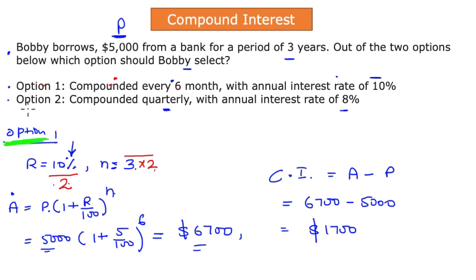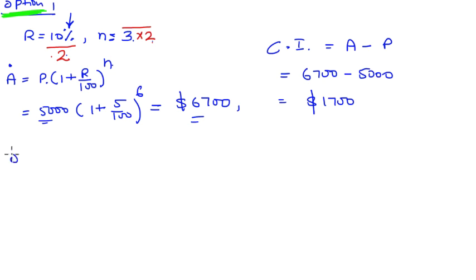Now let us calculate the same thing for option 2. In option 2, our rate of interest is 8% per year and the total loan duration is 3 years, because 3 years don't change, right? But since we are compounding quarterly, we have to divide this rate of interest by 4 because there are 4 quarters in 1 year.